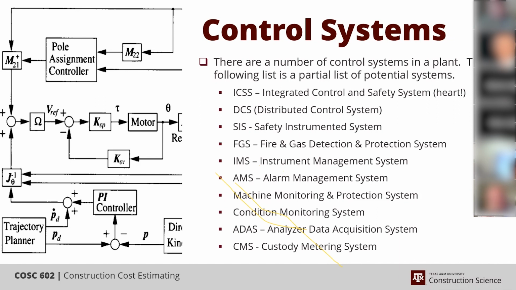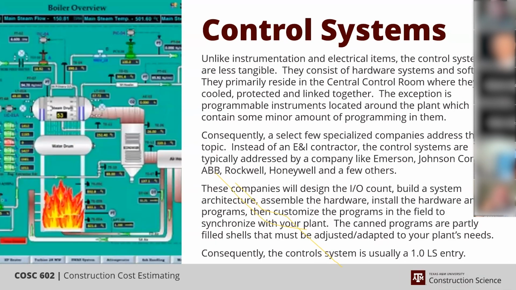It's extremely complicated, and therefore a lot of these systems don't fall back to your EPC companies. Your EPC companies normally will call in a specialist to deal with all these different programs and systems.